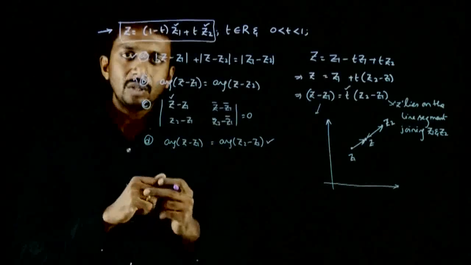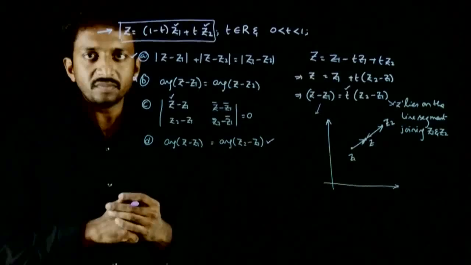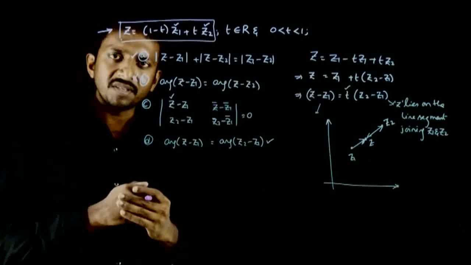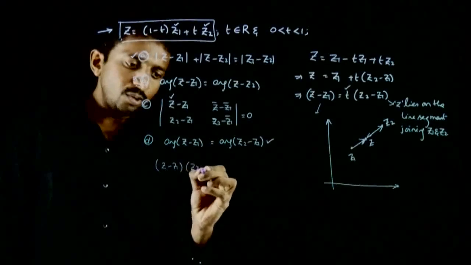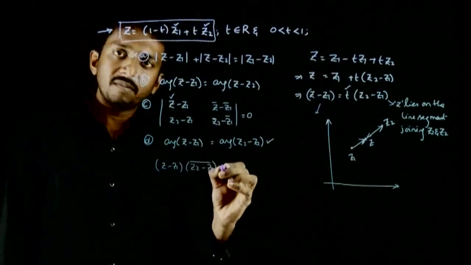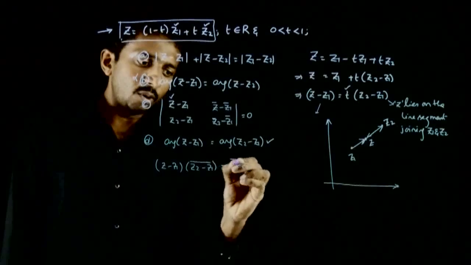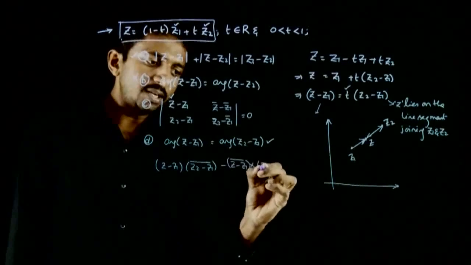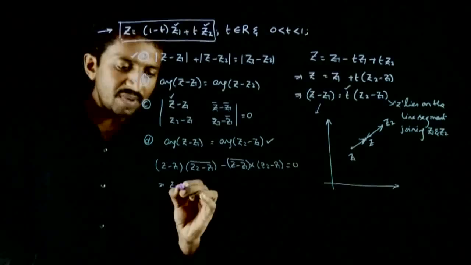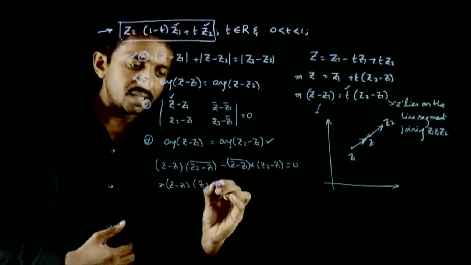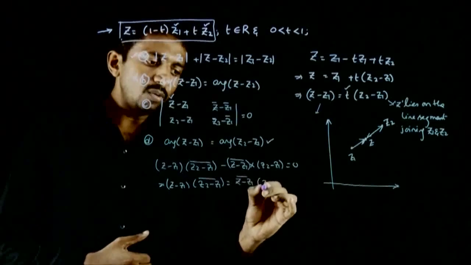For this you will need to read up a little on straight line equations and complex numbers. If you want, you can also derive this. The determinant equal to 0 implies (z minus z1) times the bar of (z2 minus z1) is equal to the bar of (z minus z1) times (z2 minus z1).